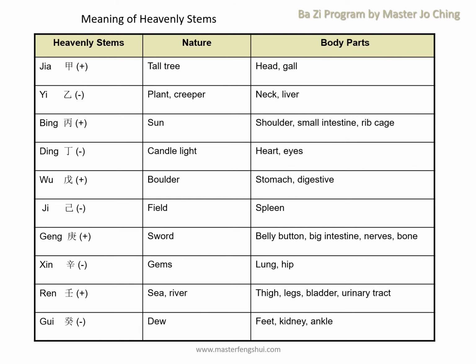Wood usually represents the east direction, because in the Feng Shui Luo Pan, Jia and Yi reside in the east sector. So Jia and Yi also mean east. Bing Ding is south. Wu Ji are in the middle, so they also represent the middle part of the body.